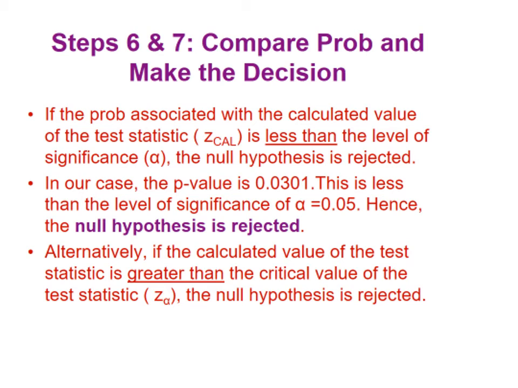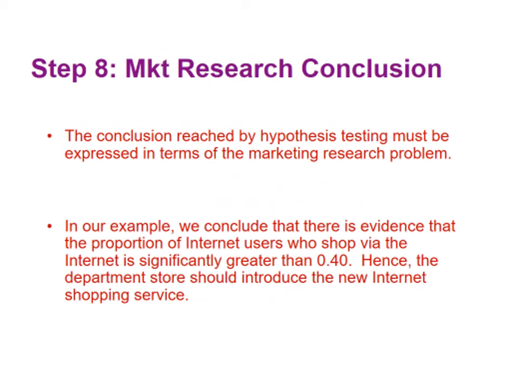Hence, the null hypothesis is rejected. If the p-value is greater than 0.05, the result is not significant. Alternatively, if the calculated value of the test statistic is greater than the critical value of the test statistic, the null hypothesis is rejected.